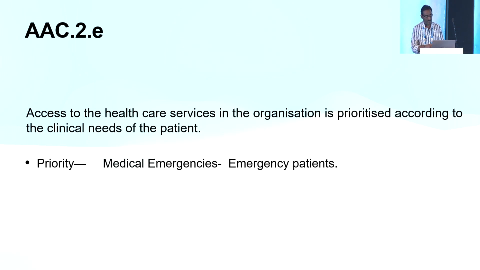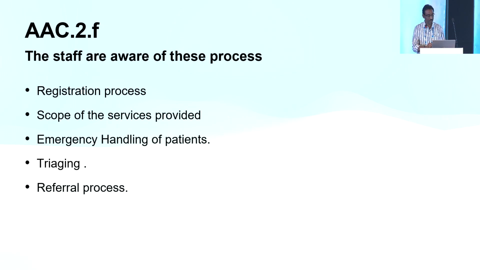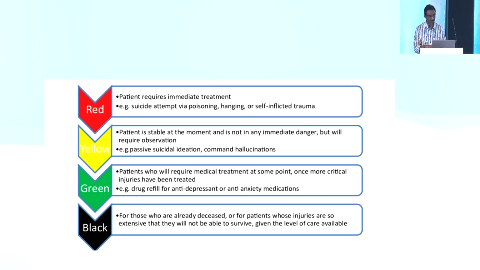Access to healthcare services in the organization is prioritized according to the clinical needs of the patient. So the staff has to be aware of this process of registration and scope of the service provided in the organization, emergency handling of patients, triaging, which has been dealt with earlier, and the referral process.